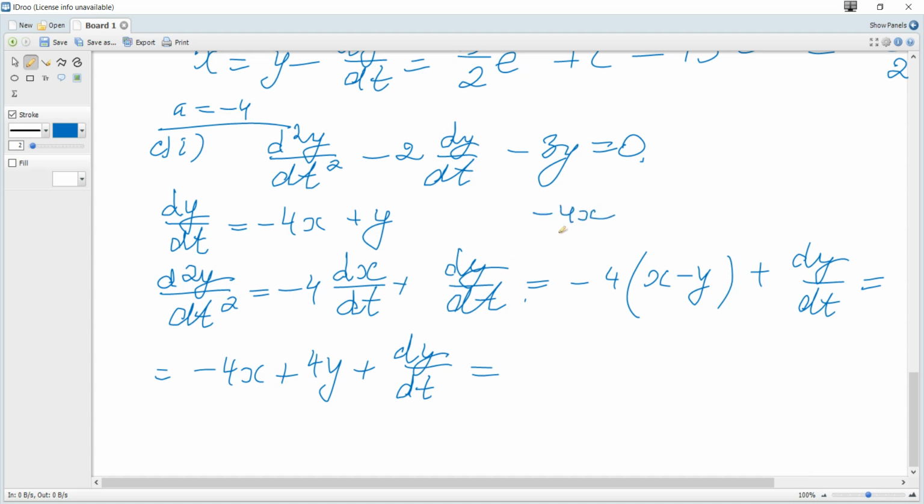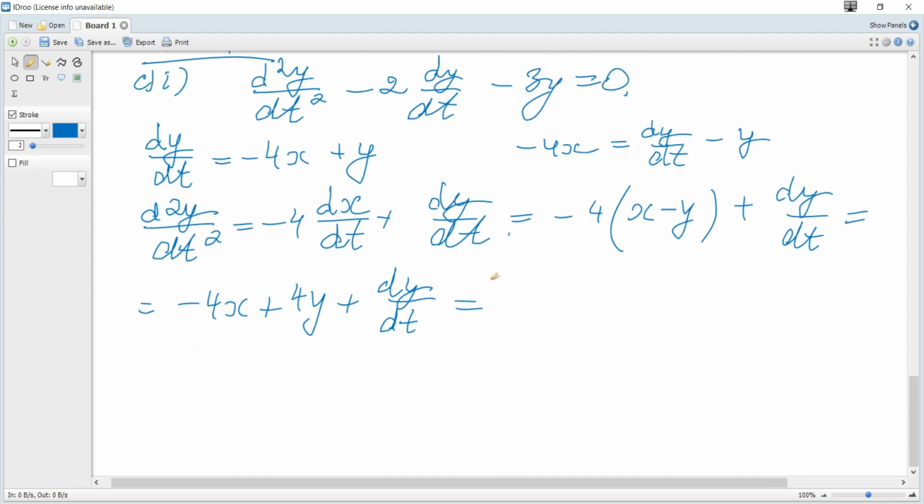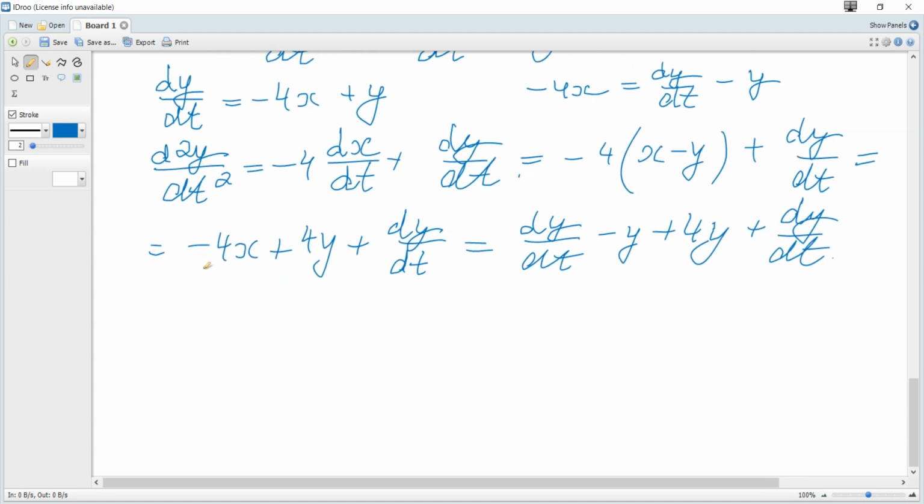-4x. We can get -4x directly, and we can see that it is equal to dy over dt minus y. Hence it becomes dy over dt minus y plus 4y plus dy over dt, and move all terms to the left to get the second derivative.